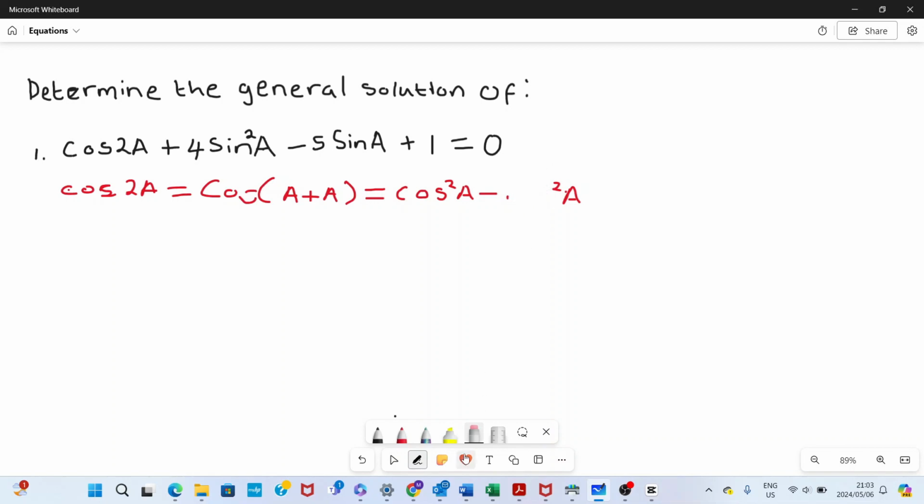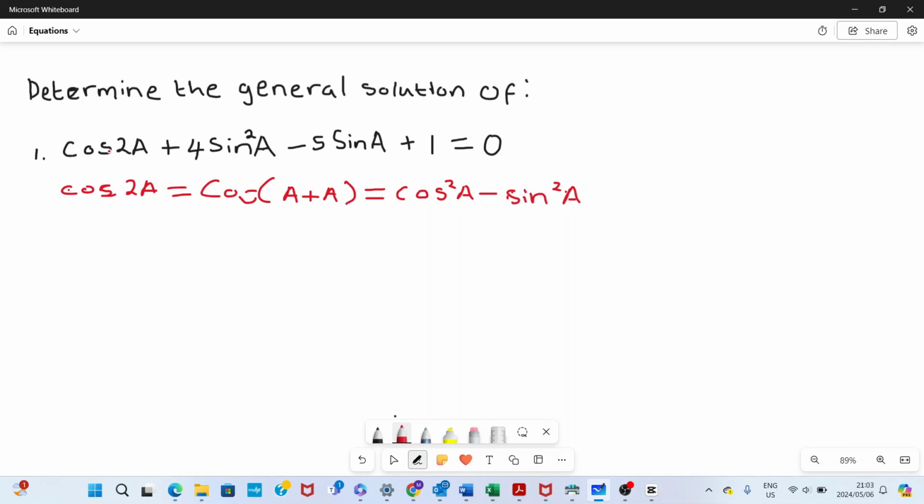It's cosine squared of a minus the sine squared of a. So this is how it should look.